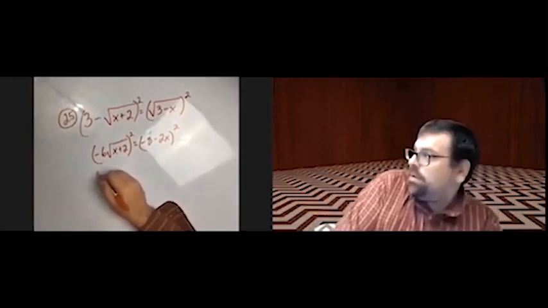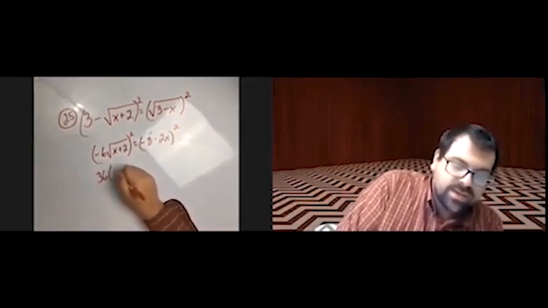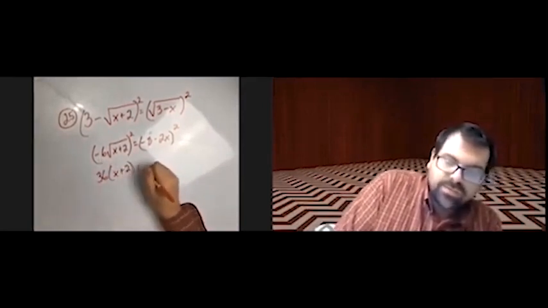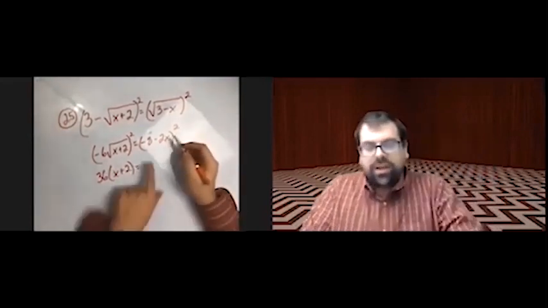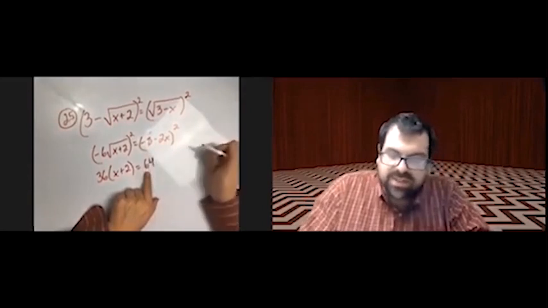Here, negative 6 times negative 6 is positive 36 times x plus 2. Over here, square the first. Negative 8 squared is positive 64.